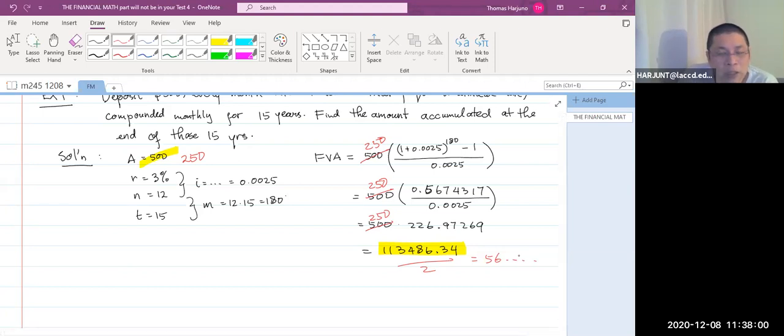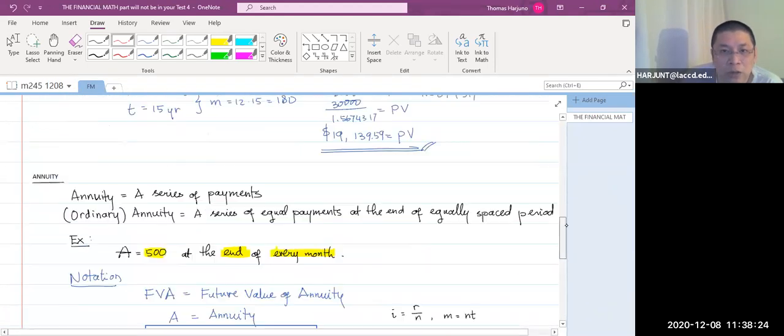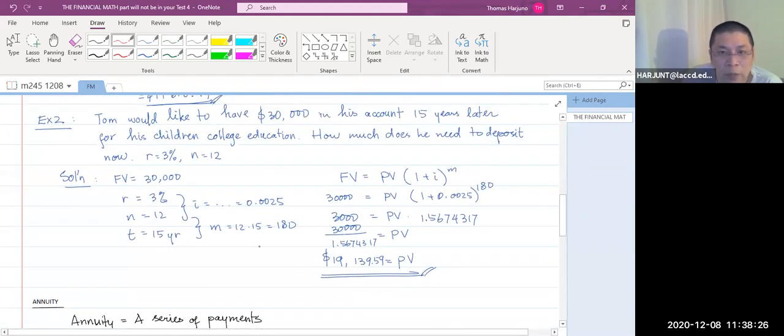So don't underestimate the power of saving. With this small interest rate, 3%, yes, it is small, but this kind of scheme where you deposit $250 per month for 15 years still gets you more, $56,000 something, than the $30,000 you get 15 years later by depositing $19,000 right now.